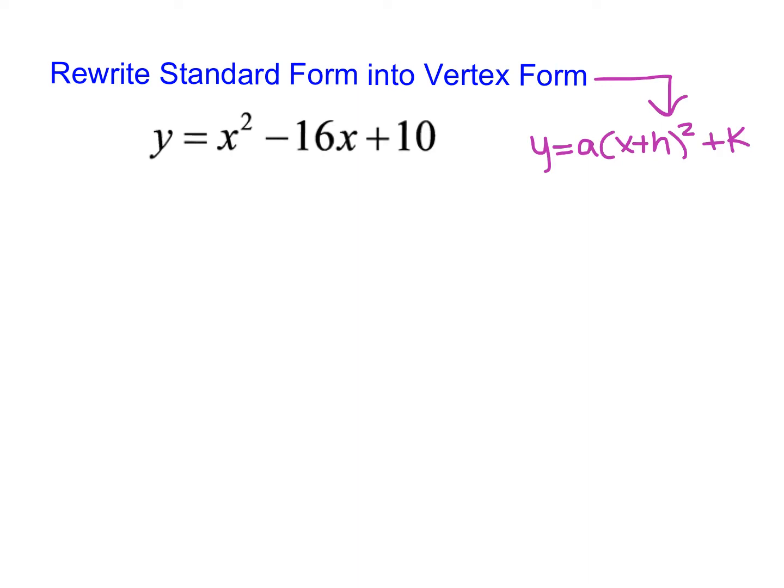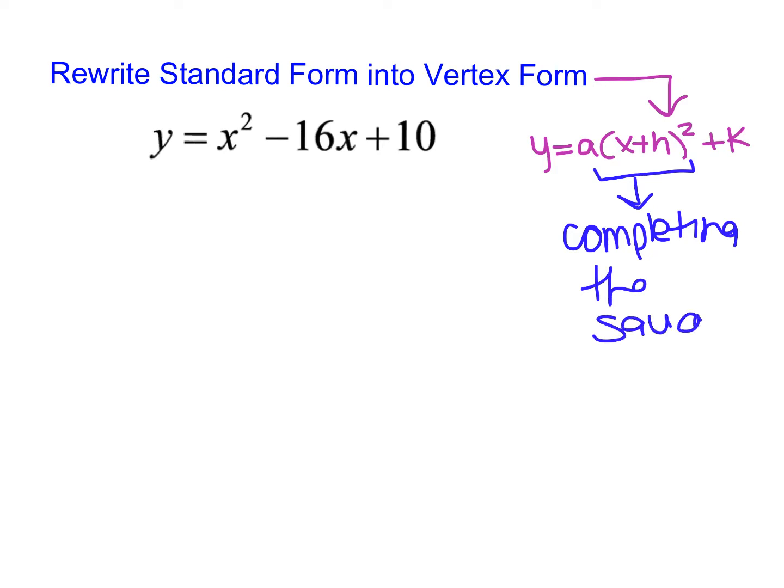So I have to start thinking about what have I seen in the past that has allowed me to write something into x plus h in parentheses squared. And when I think about all of my quadratic solving strategies, the only time I was able to create something where it's x plus or minus a number in parentheses squared was when I used the completing the square strategy.